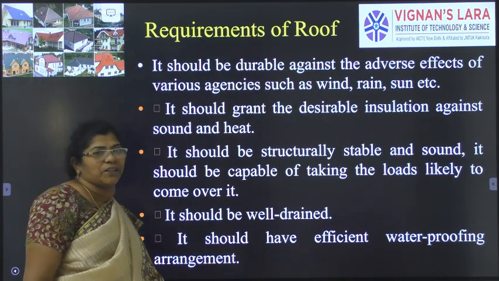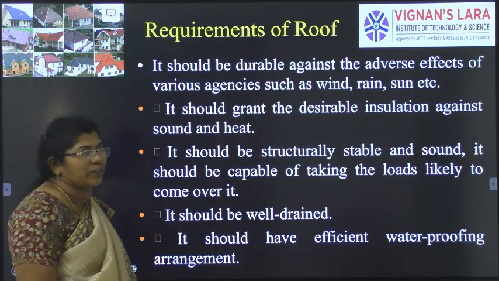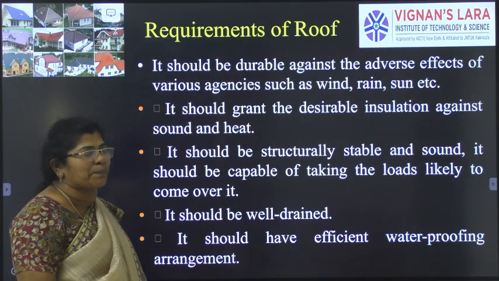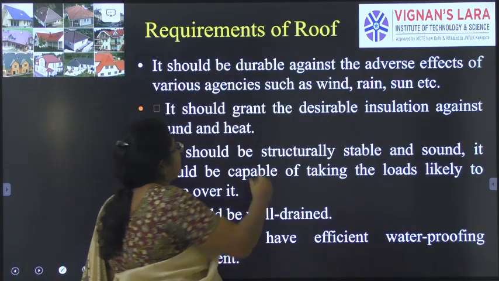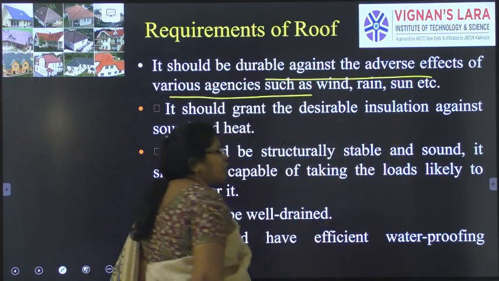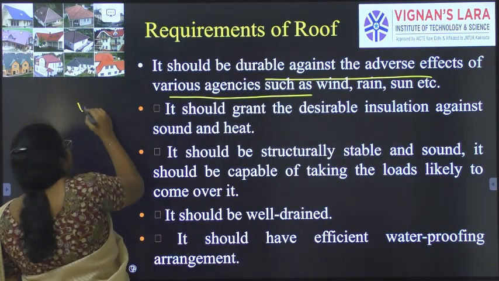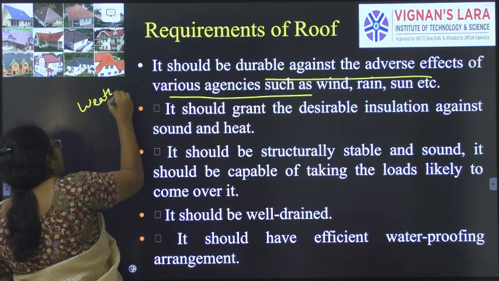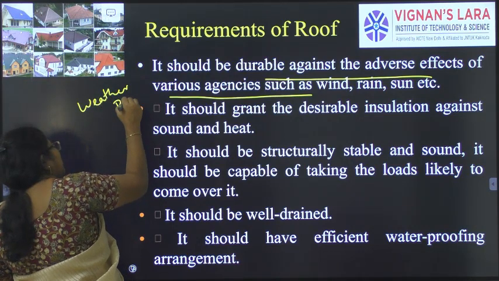What are the requirements of a roof? What are we expecting from a roof? It should be durable against the adverse effects of various agencies. It should be weatherproof. That is the first requirement.